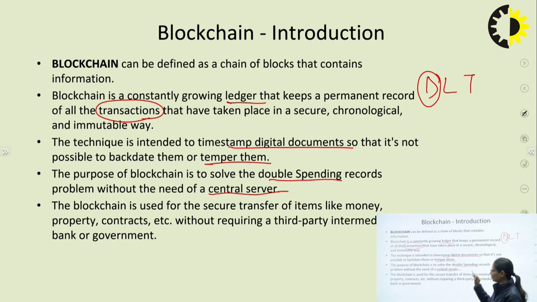The double spending problem says that you are spending the same currency or the same notes in different locations, or in different transactions you are using the same value. This is double spending. The blockchain is used for secure transfer of items.